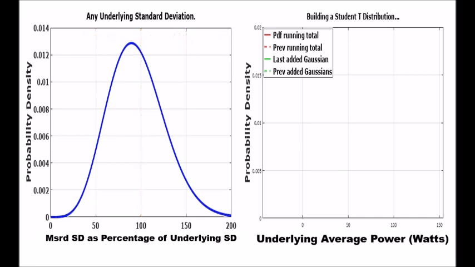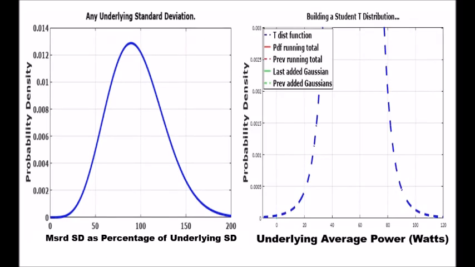And this time, we'll start off with the official student's t-distribution, the dotted blue curve on the right. Let's start summing the new, skinnier Gaussian PDFs now. We'll stop at the second region, which goes from 20 to 40%.